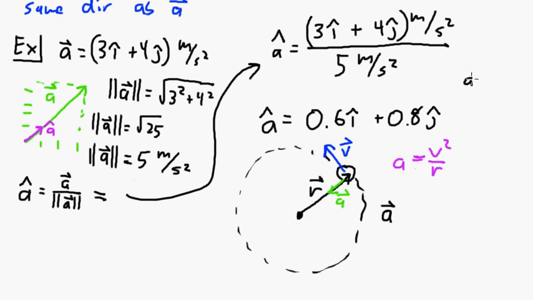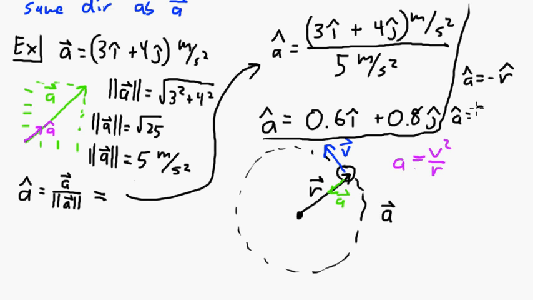So really what we have is that a hat is negative r hat. And using one of our little factoids above, we can say that a hat is just the a vector divided by its magnitude, which is just lowercase a. And that equals negative r hat.